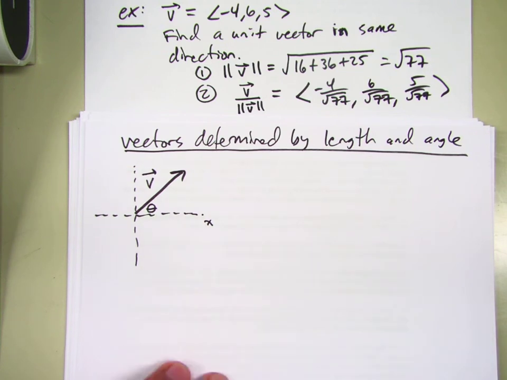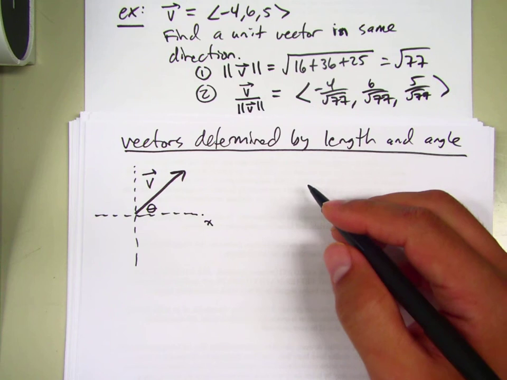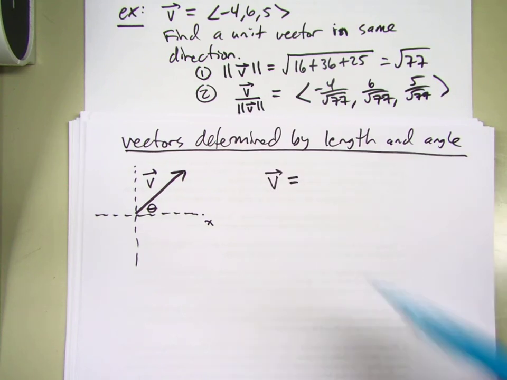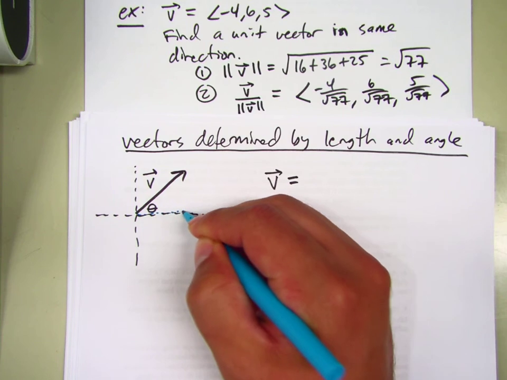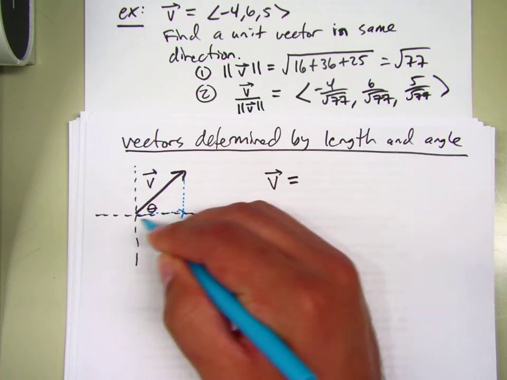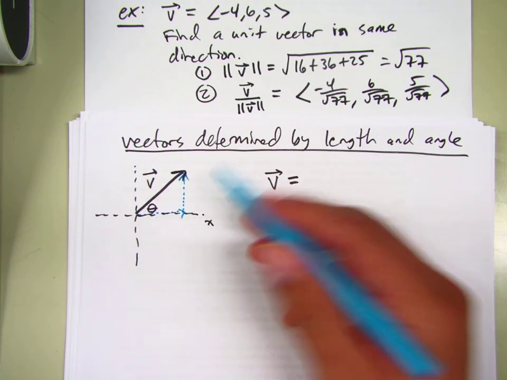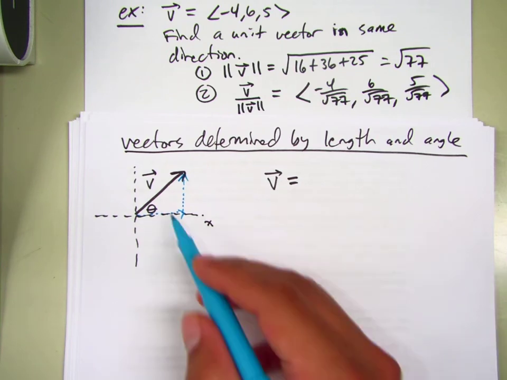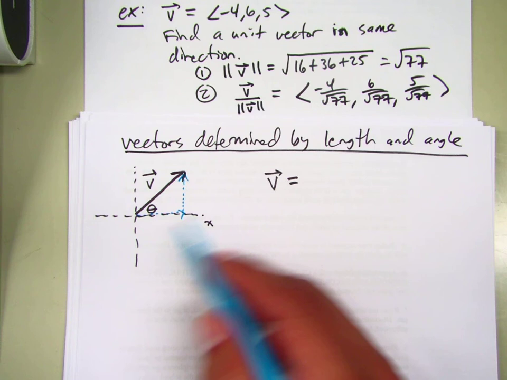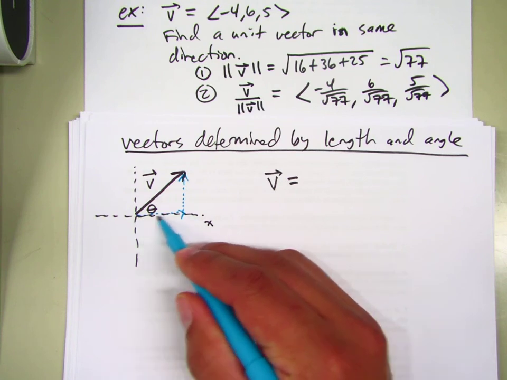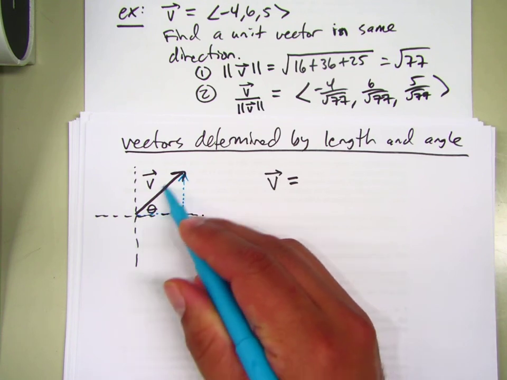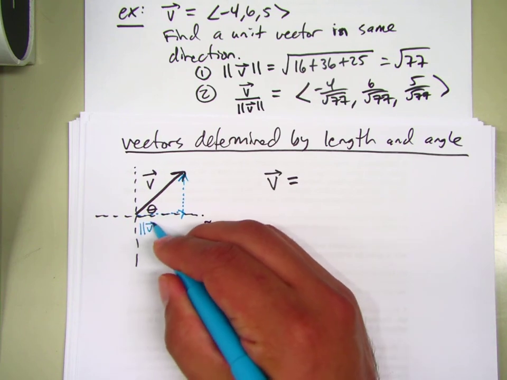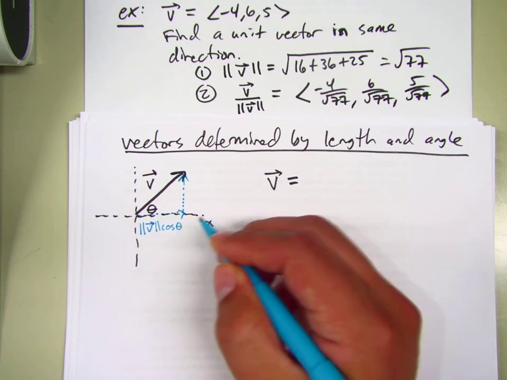Okay? Well, we can figure out what v is using some trigonometry. So if you make a little right triangle here, so here's your horizontal component, and here's your vertical component, okay? Using some basic right angle trig, you can figure out that this adjacent length is going to be the magnitude of v, the length of v times cosine theta.